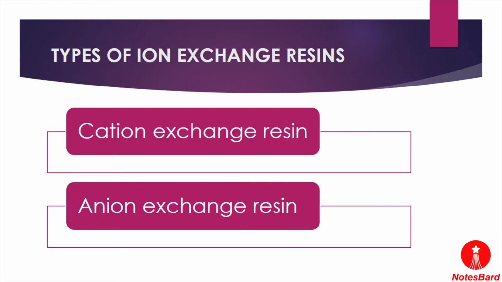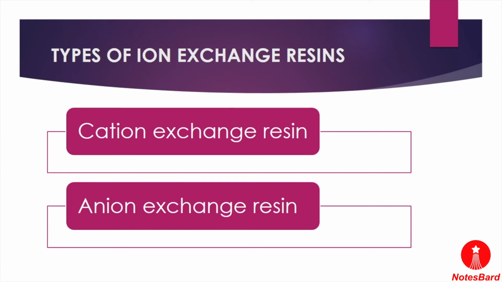Now, as we have discussed, ion exchange resins are used in the process of ion exchange chromatography. Basically there are two types of ion exchange resins which can be used: cation exchange resins and anion exchange resins.